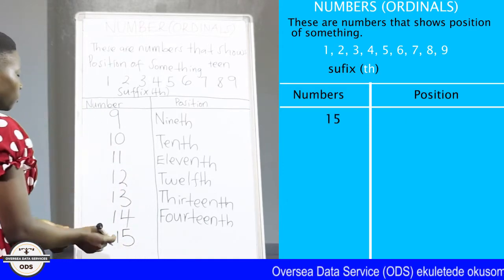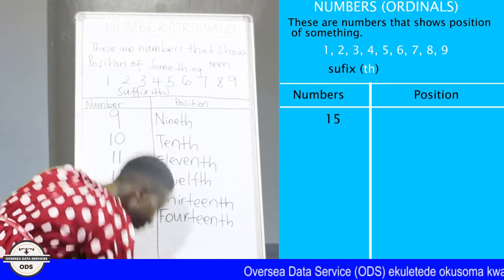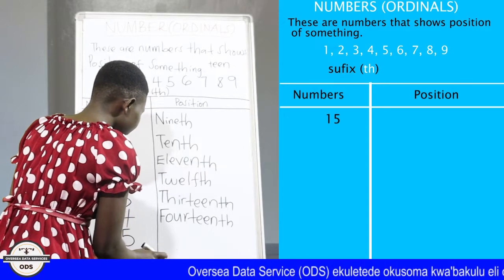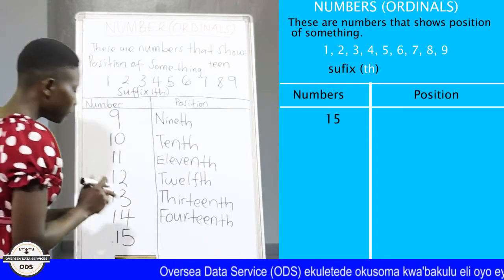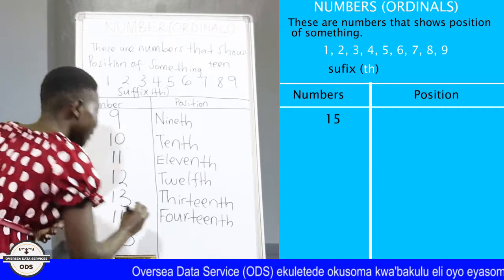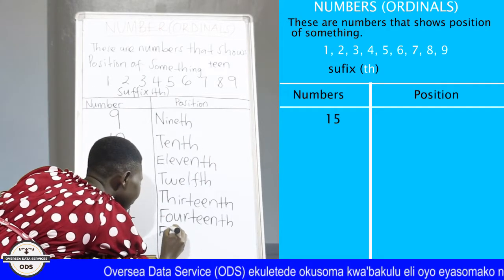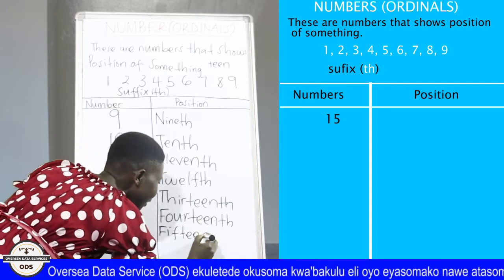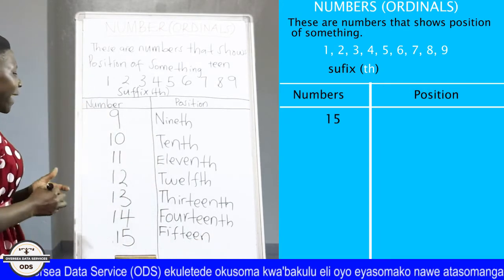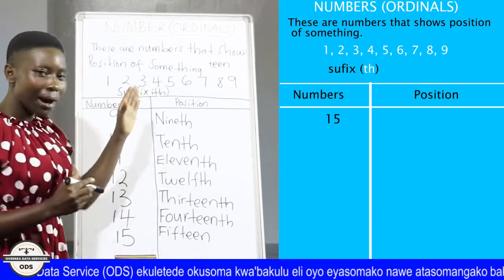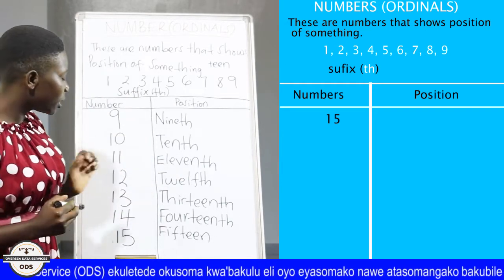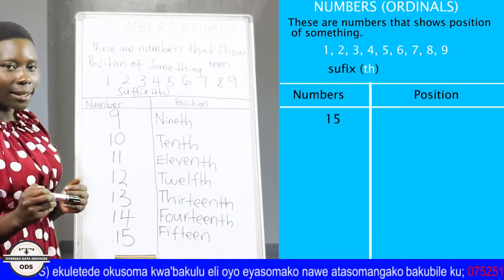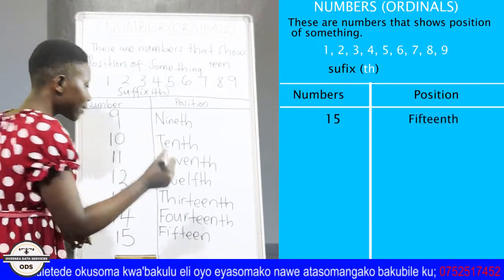After 14, you go to 15. How do you write 15 in words? That is the word 15. Now we are positioning. Remember, we are positioning here. Now we are going to add the letter TH.